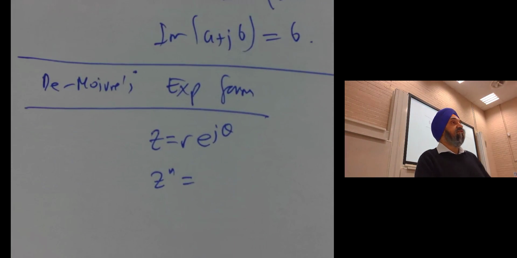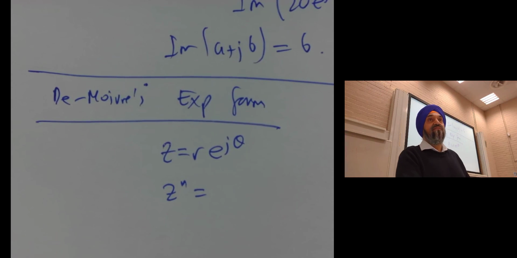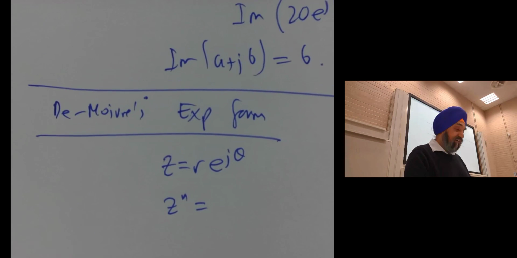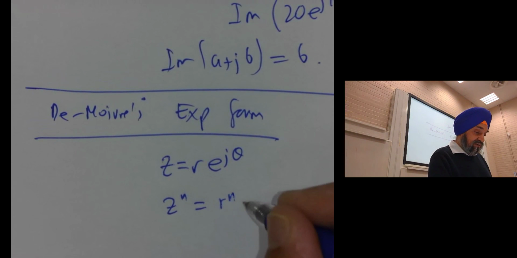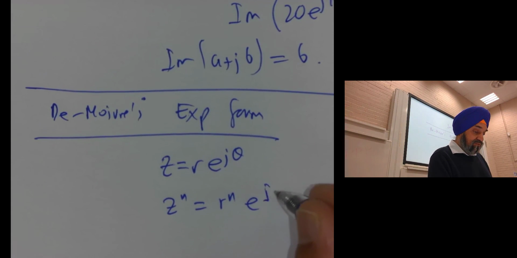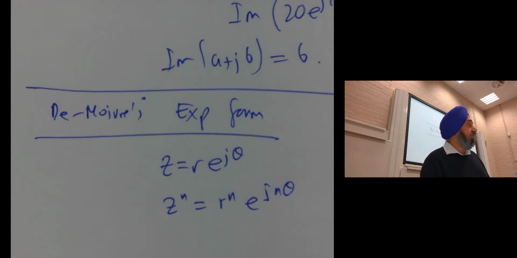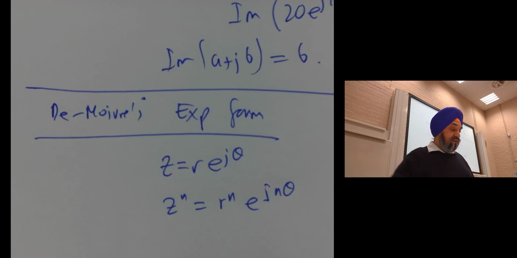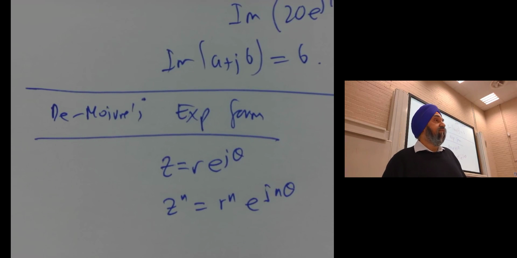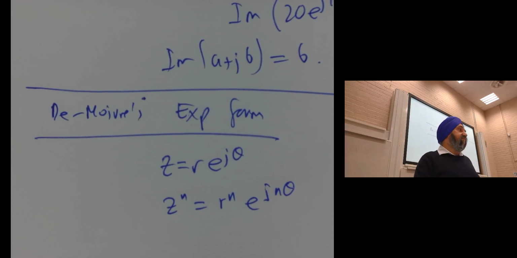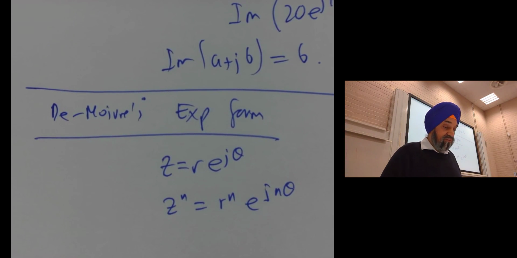It's going to be R to the n, e to the j n theta. Exactly, nothing to remember. If I ask you to work out (2x) to the power of 5, you'll say 2 to the power of 5, x to the power of 5. Same thing.